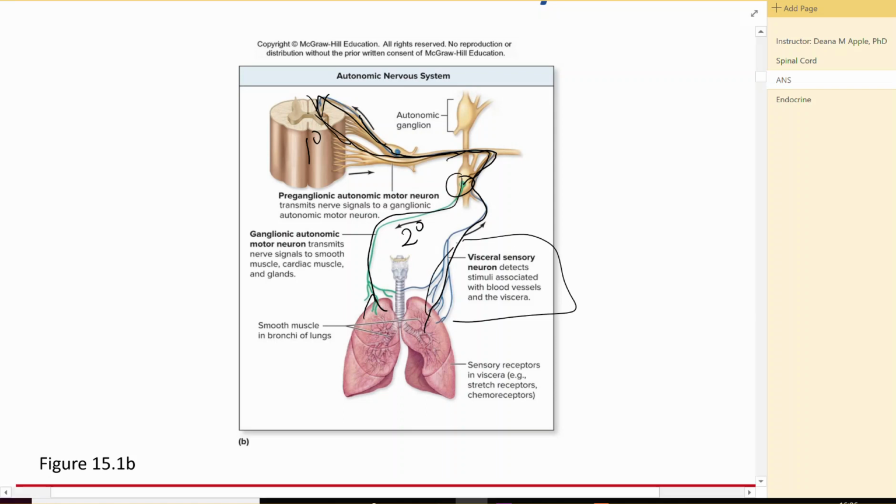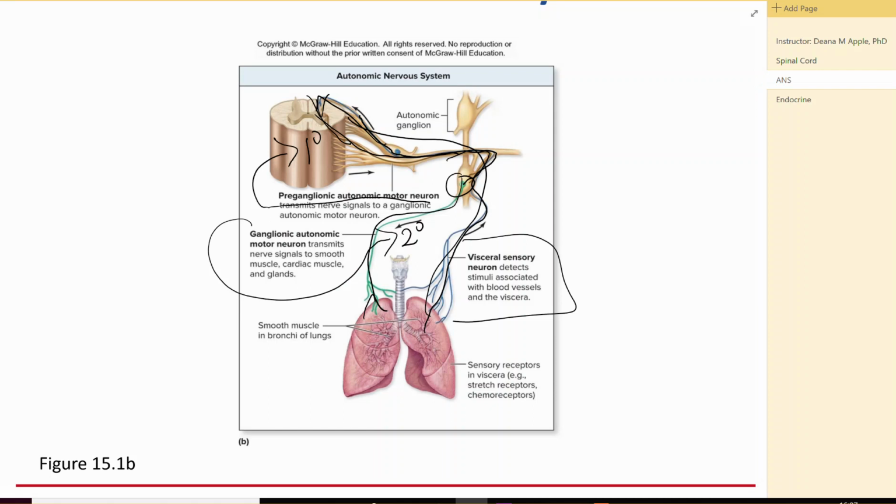So the sensory neuron comes straight in, just like every other sensory neuron does. Comes into the dorsal horn of the spinal cord. The ventral horn is going to send out the preganglionic neuron. So neuron number 1 is preganglionic. And the ganglionic motor neuron is motor neuron number 2. So ganglionic motor neuron just means that the cell body originates in the ganglion, not in the spinal cord.